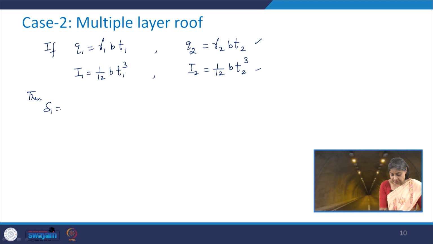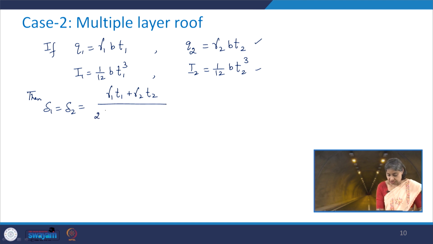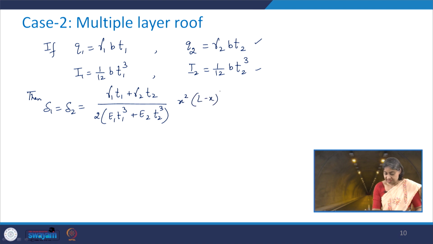as delta 1 equal to delta 2, this will be equal to gamma 1 T1 plus gamma 2 T2 divided by 2 times E1 T1 cube plus E2 T2 cube into x square L minus x whole square.